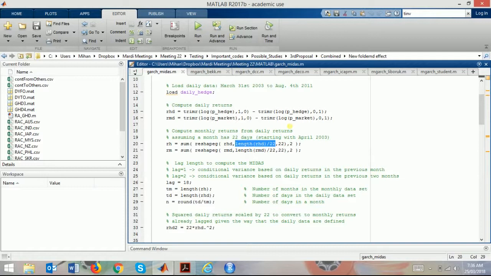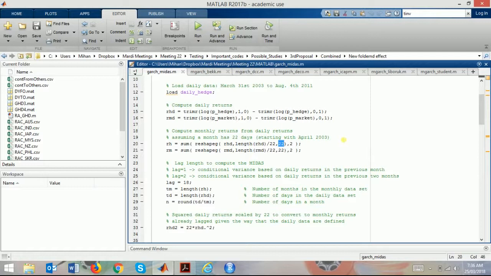So divided by 22, that many rows, and the columns will be 22, because each row is trimmed down and holds each day's conversion, so 22 days.